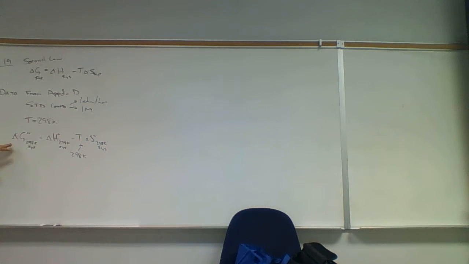Okay, if this comes out negative, we say it's spontaneous. There's a driving force. If it's equal to 0, we say it's at equilibrium. If it's greater than 0, we say it's non-spontaneous. There's no driving force. And so this is the way we can balance the energy and the entropy terms.